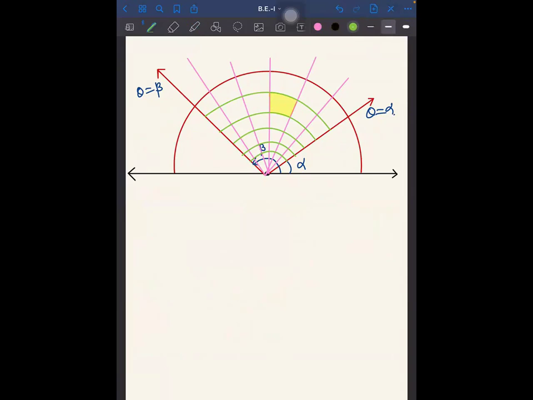I am making one curve over here, which I call r equal to g1(theta). And next, I have some second curve, which I call r equal to g2(theta).